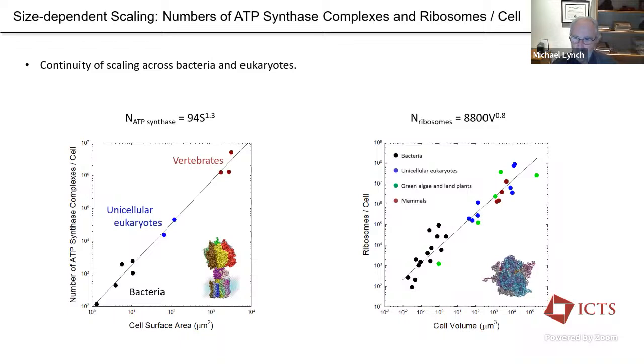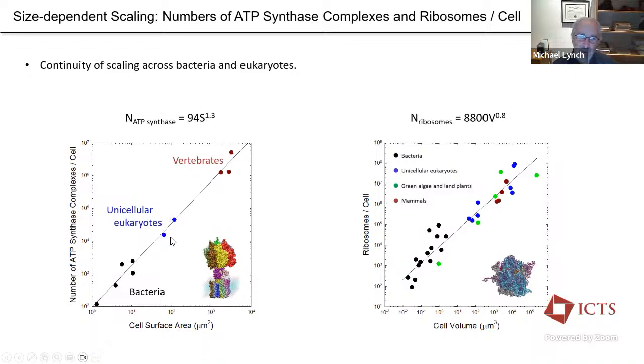I think I probably will just skip over some of this, but again, I guess maybe the main point here is this is a scaling relationship between the number of ATP synthase complexes per cell and the surface area of cells. And it's no different if you were just to extend the data from bacteria up into eukaryotes, you see they fall right on the line where it would be in bacteria.